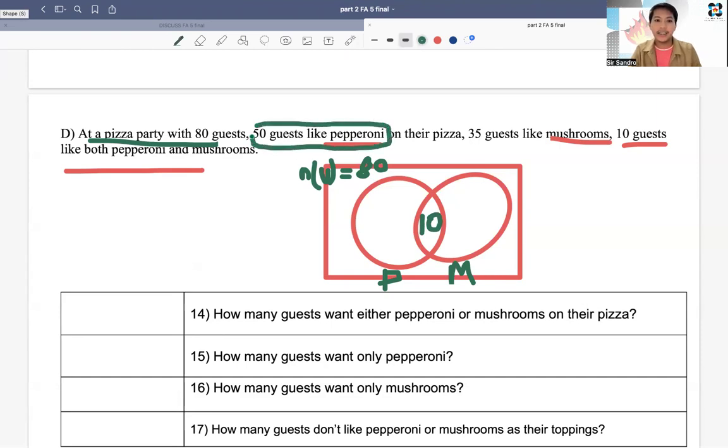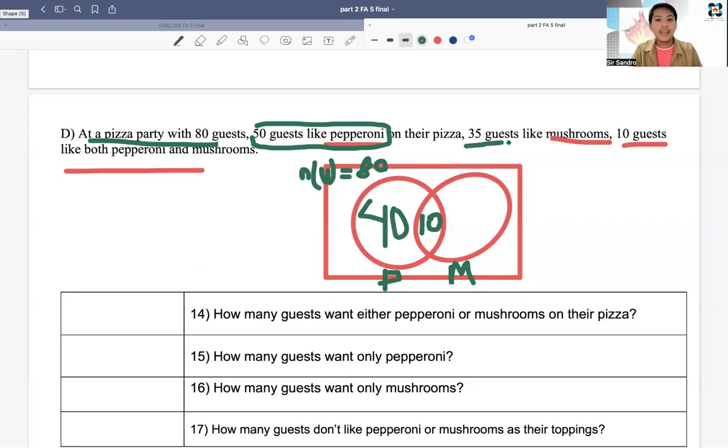Remember that the entire pepperoni is this whole circle, so we already have 10. It says we have 50, so how many pepperoni lovers do we have here? We have 40 left, pepperoni only, because 40 plus 10 is 50.